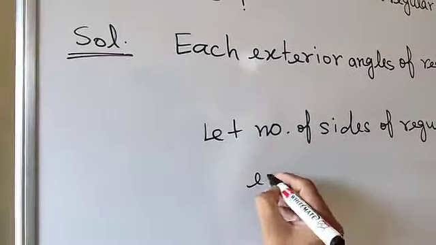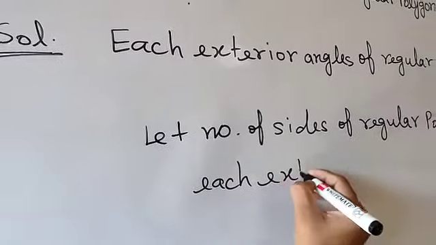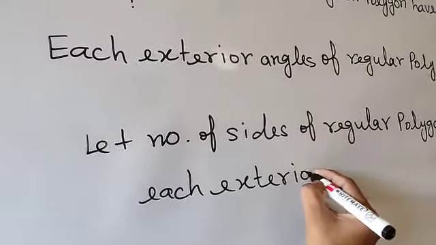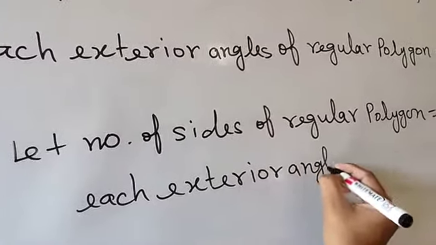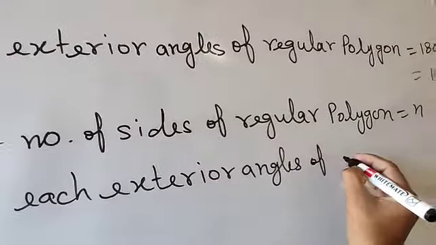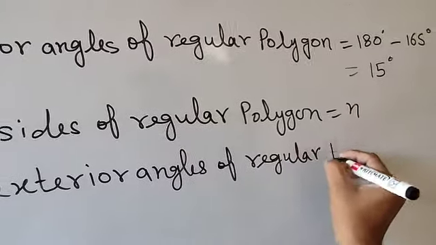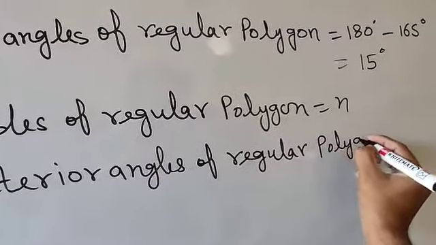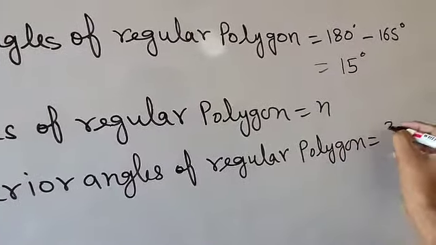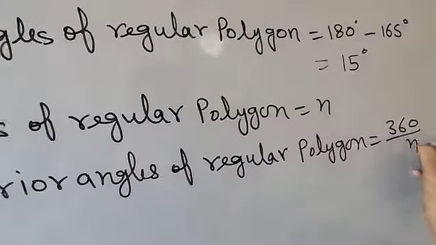Then each exterior angle of a regular polygon is equal to 360 upon n.